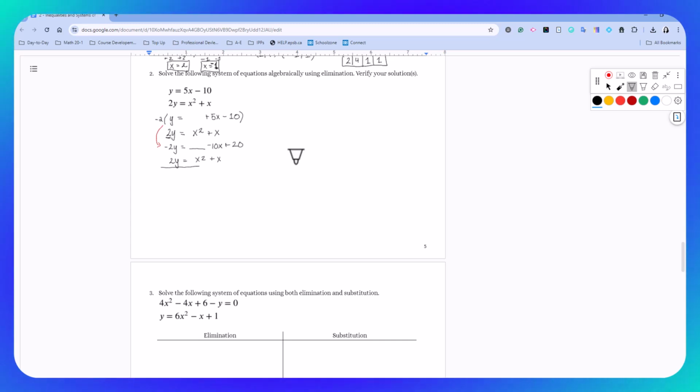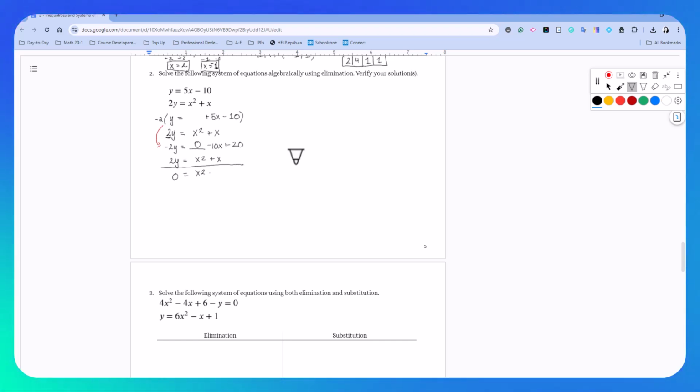Now we're going to add this up, being sure that we add up all the columns. So negative 2y plus 2y is 0. Now we have nothing right here, and if you like to put a 0 there so that you can see 0 plus x squared, well, that's just x squared, you do that.